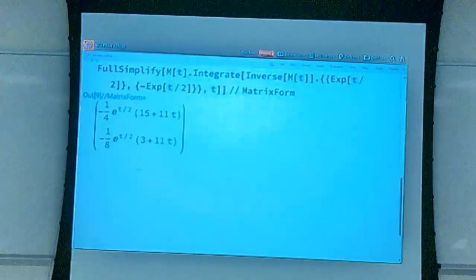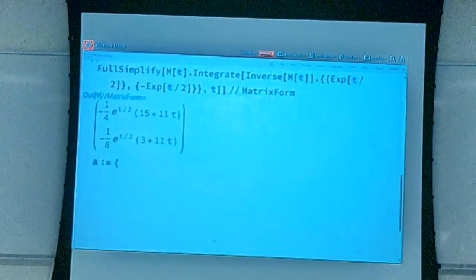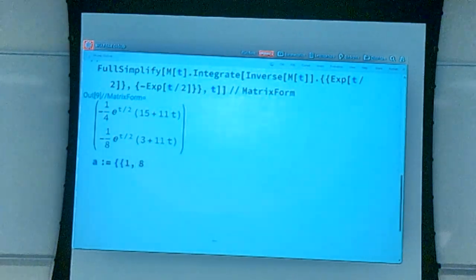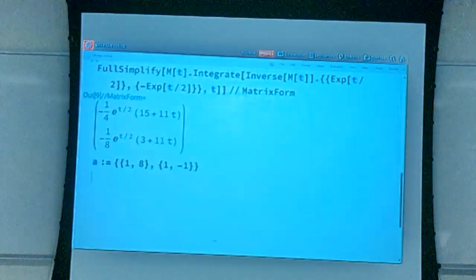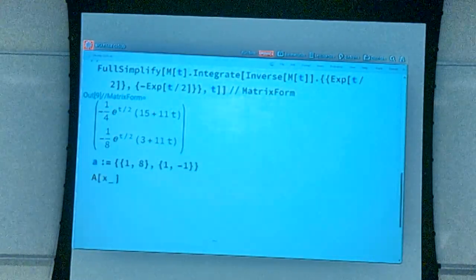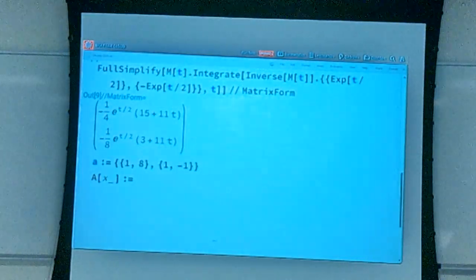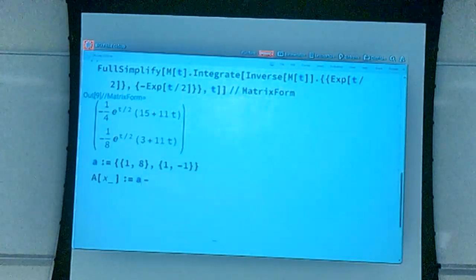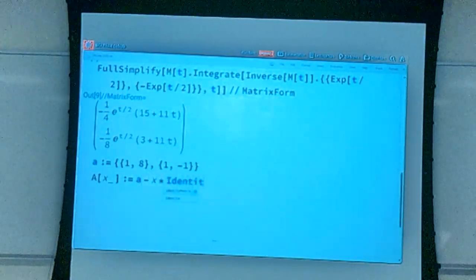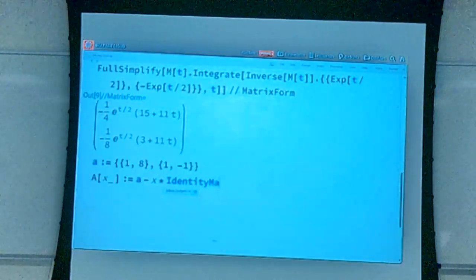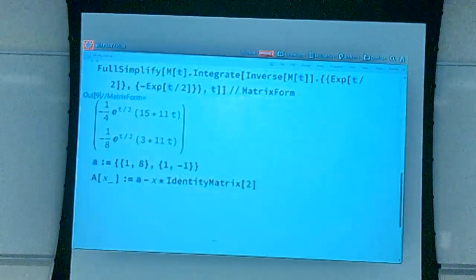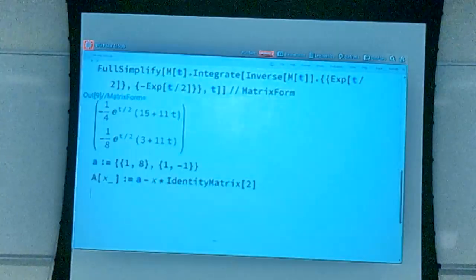So what I'm going to do here, let's go ahead and define the coefficient matrix, which was 1, 8, 1, -1. Define A minus x times the 2 by 2 identity.